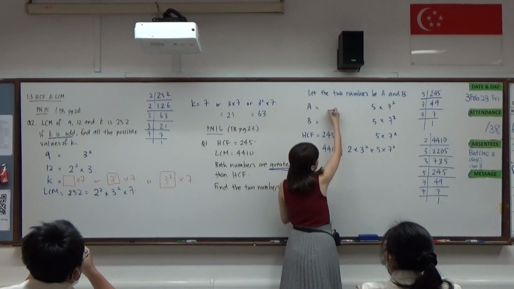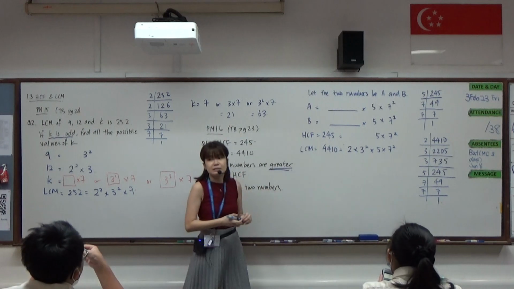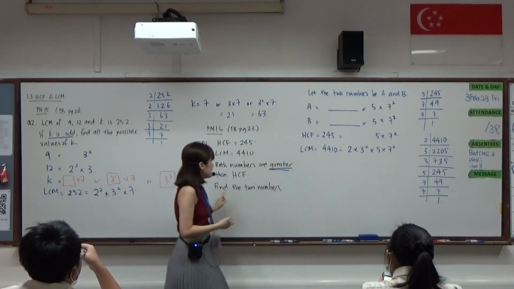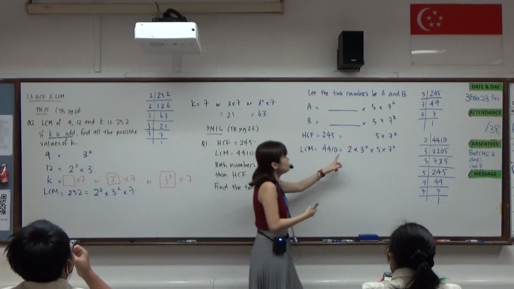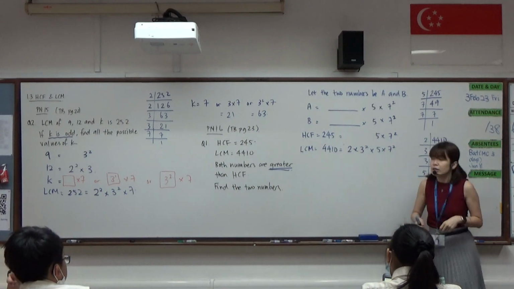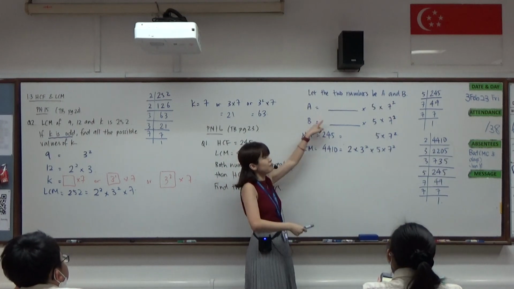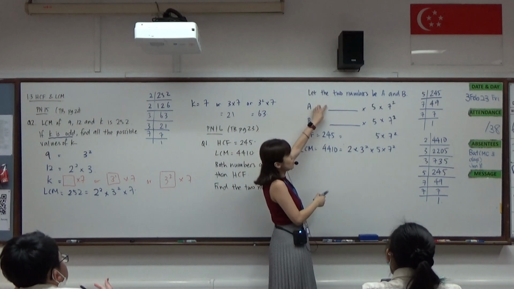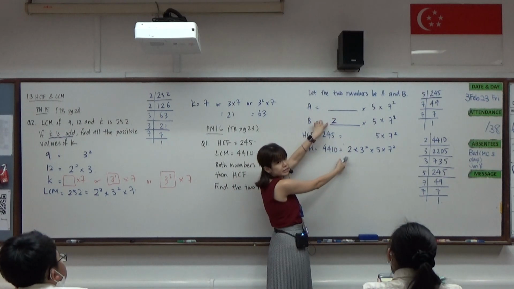So we are expecting some other number to multiply with this 5 times 7 square in order for my numbers A and B to be greater. For this 2 and 3 square, if you recall our lowest common multiple, we take the highest of it all. So if down here doesn't have a 2 and down here has a 2, this 2 still comes here.